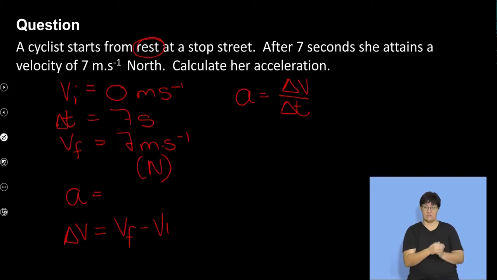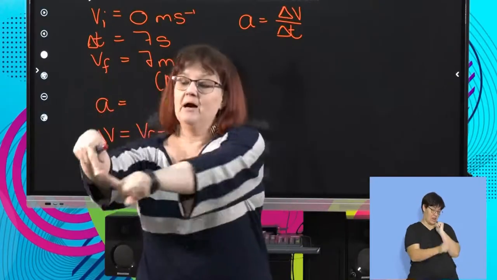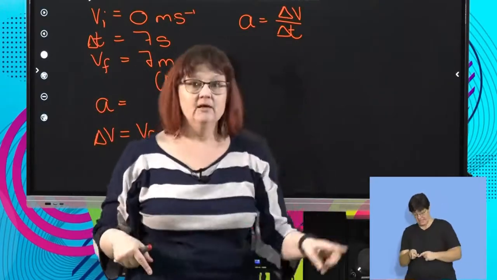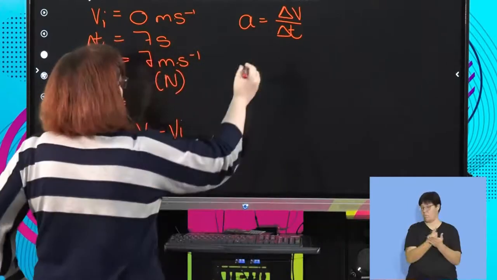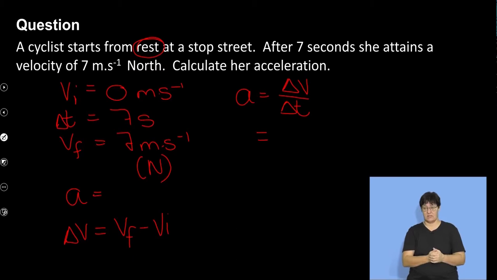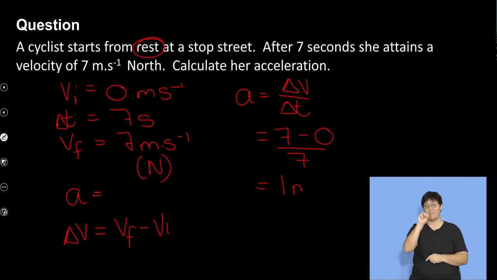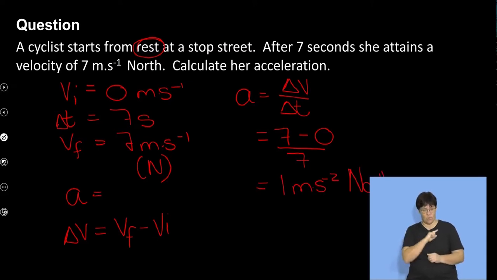Okay, so we take what happened last minus what happened at the beginning. It's always final minus initial. So, final, 7 minus 0 divided by 7. Okay, that means 7 divided by 7. 1 meter per second squared north. Because that was the direction of her velocity and she was getting faster.